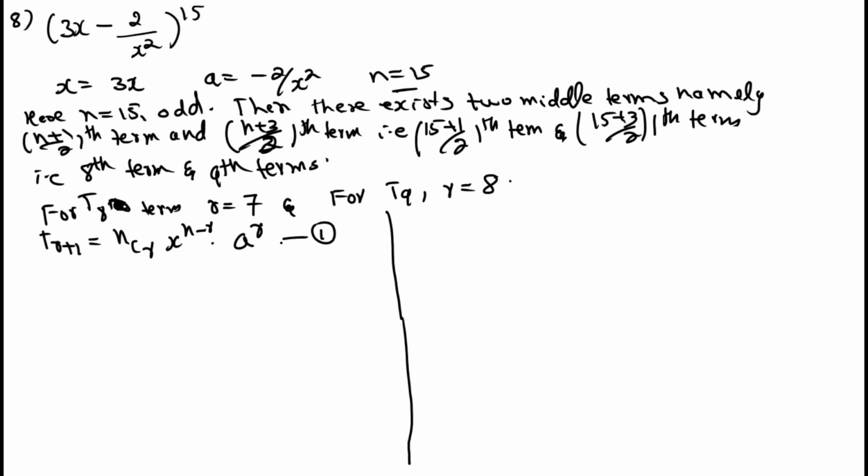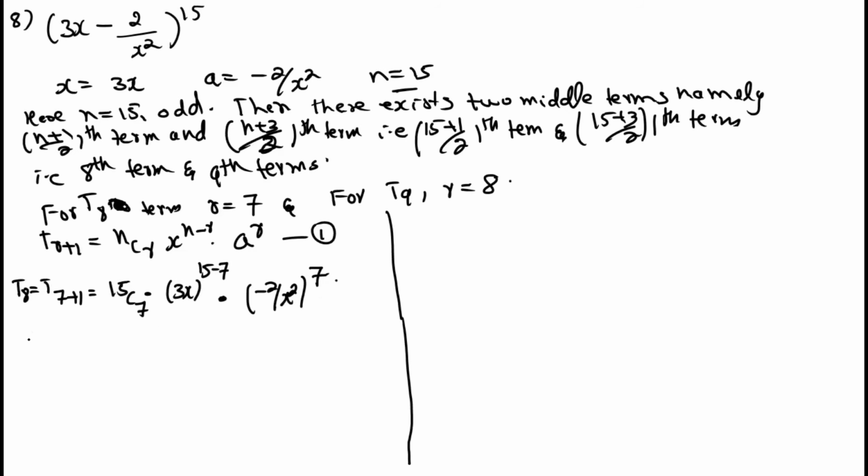Take it as equation 1. First take T8 equal to T(7+1) equal to nCr. n is 15, right? 15C7 into x, which is 3x, to the power 15 minus 7, into a to the power r. The a value is minus 2 by x square to the power r. Here the r value is equal to 7.